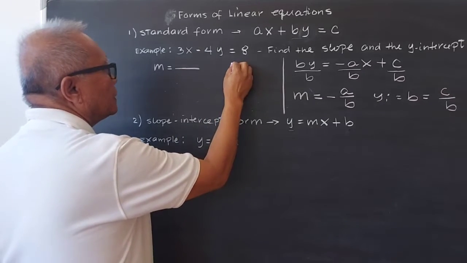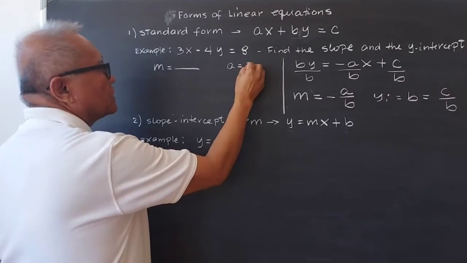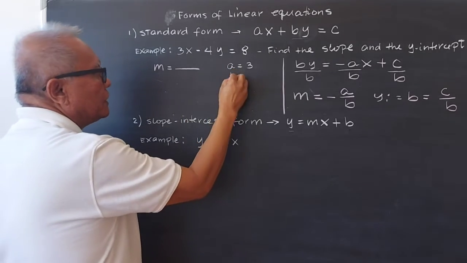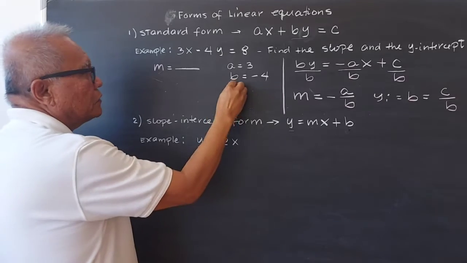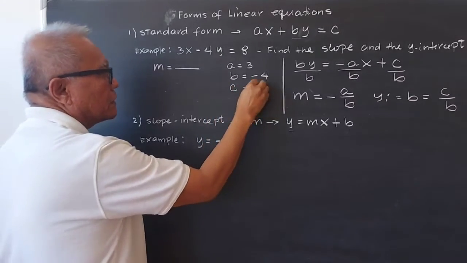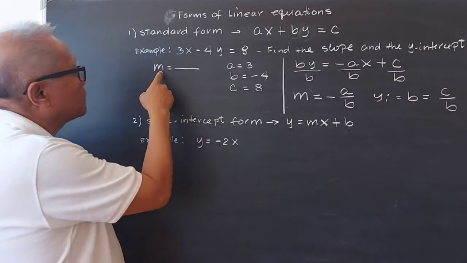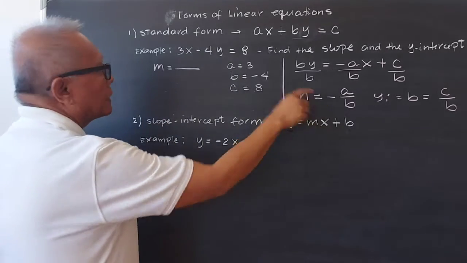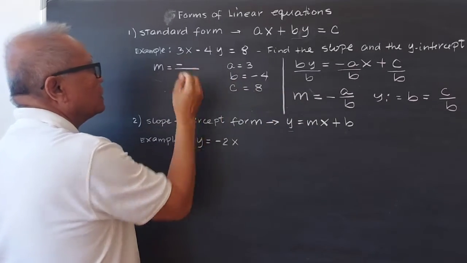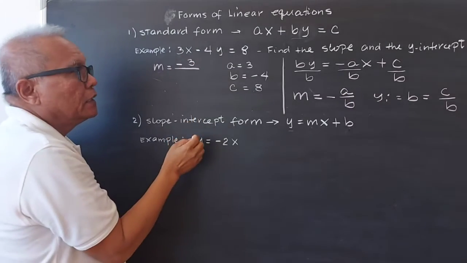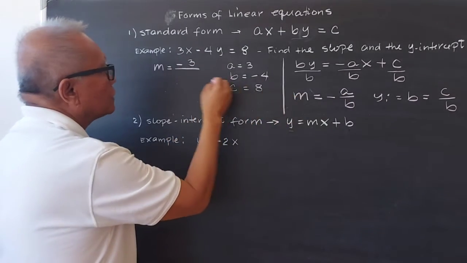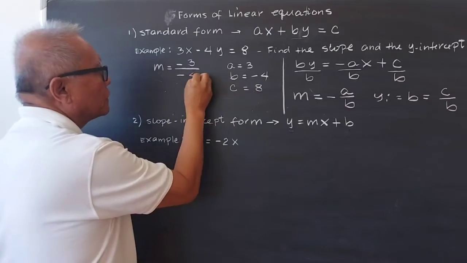We have a here, this is 3, our b here is negative 4, and our c here is 8. So for the slope, we have negative a, which is 3, over b, which is negative 4.